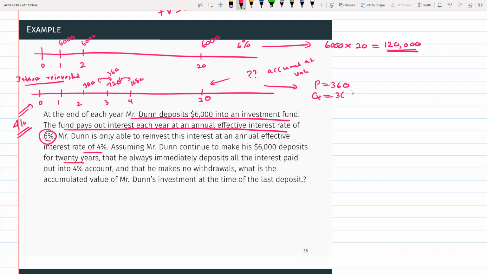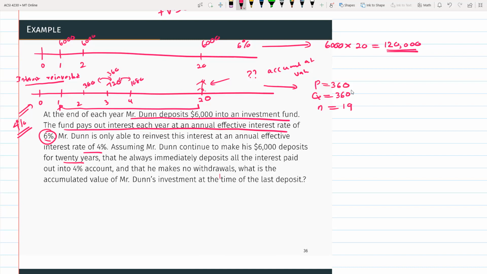You can check this. So the increment is 360. Then N, if you take the difference between these two, it's going to be 19. You can think of it as an annuity immediate, and then you have to find the future value at a time point here.